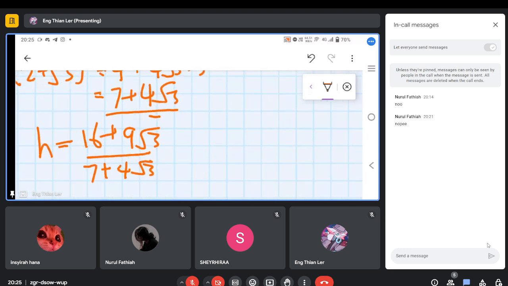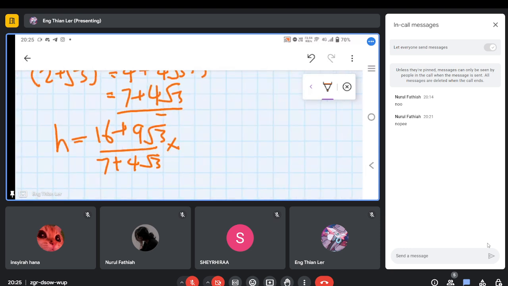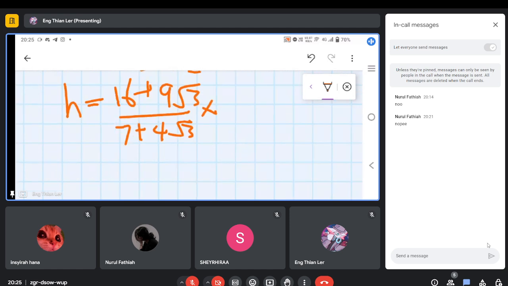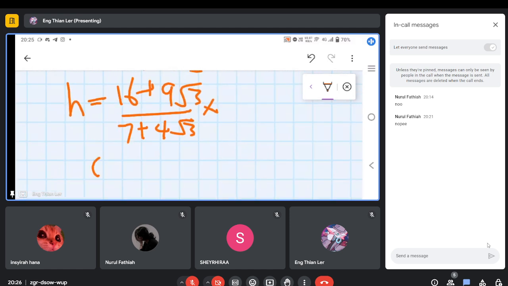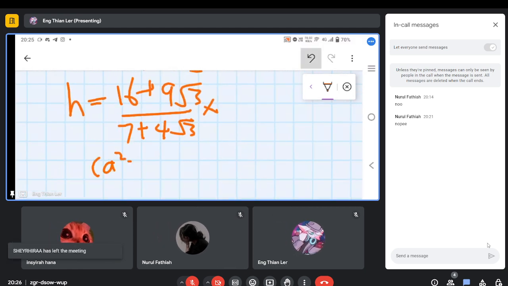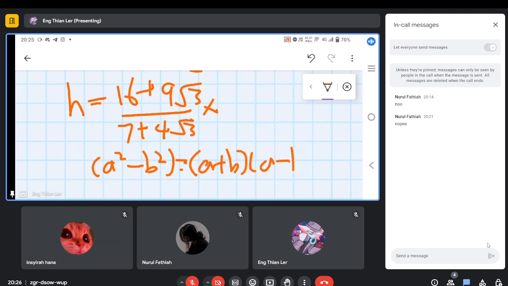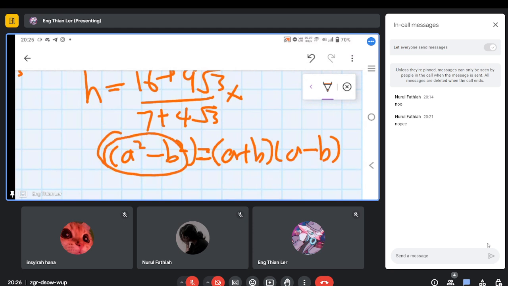So again, the same concept. To rationalize this, we need to find the conjugate. Note that the conjugate applies the formula a squared minus b squared, which is (a plus b)(a minus b). Every time you think about the conjugate, remember this formula.